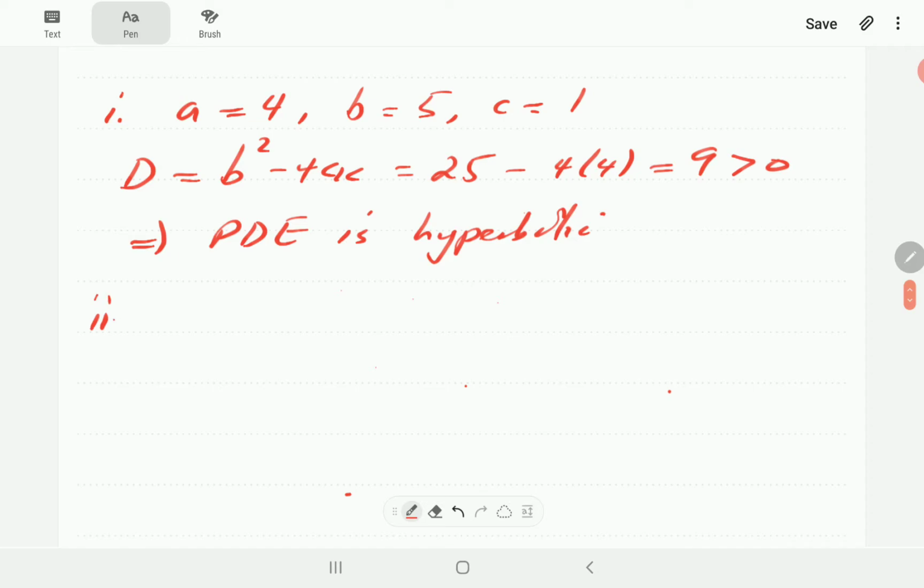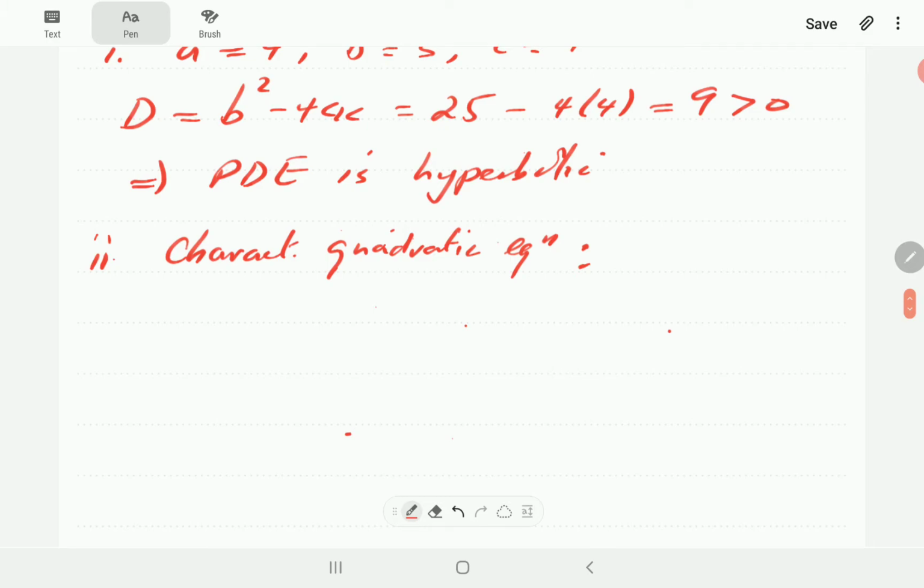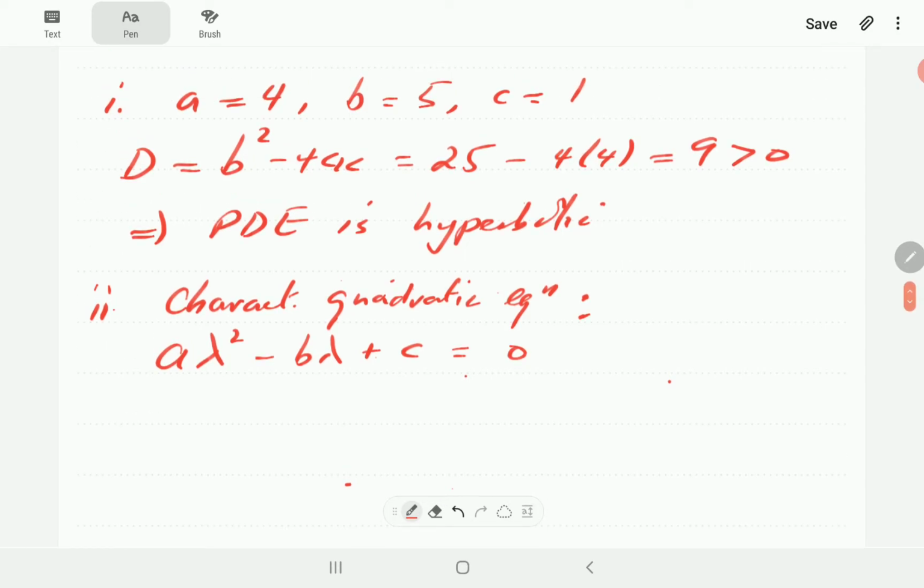All right, so let's go to part 2 then. In part 2, we start by writing out the characteristic quadratic equation. This equation is always given by A lambda squared minus B lambda plus C equal to 0. I'm sure you can remember that our A is 4, B is 5, C is 1.